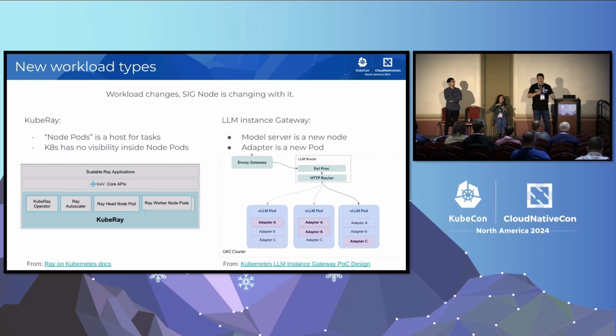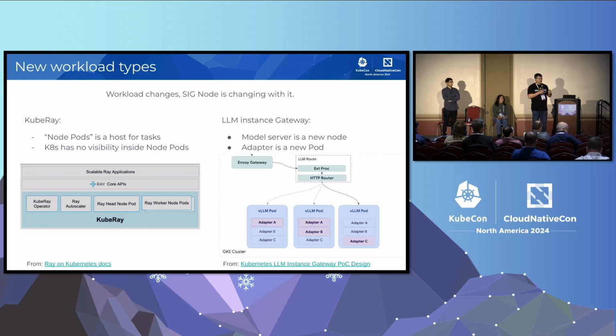We found that a Houston, we have a problem moment happened when more and more frameworks, like Kubelet, started appearing in this picture with something like a pod node, a pod that is actually a node for them, and they schedule something inside this pod. We are the node team, but now we are hosting pods, maybe big pods, and each pod has an orchestration inside it, so each pod becomes an individual node.